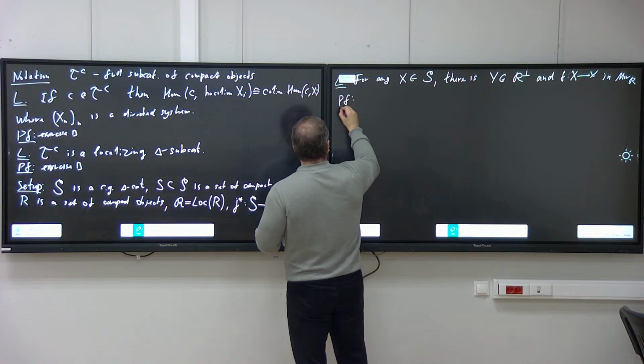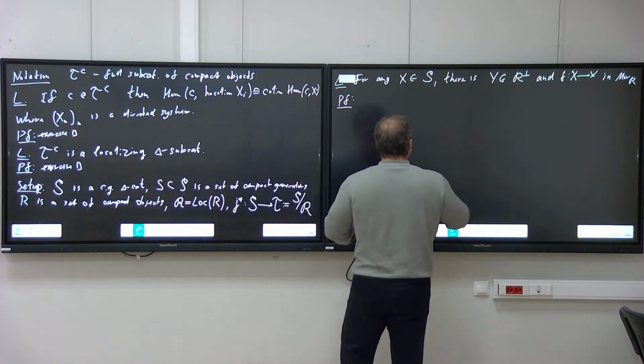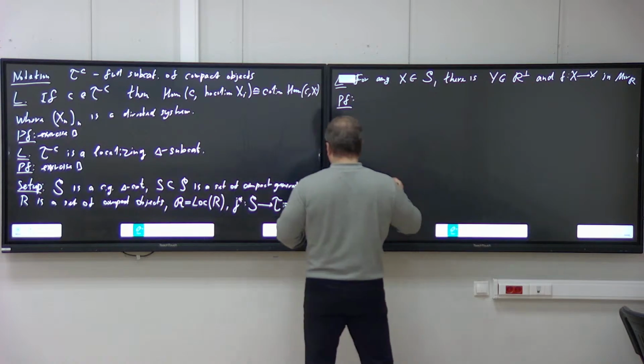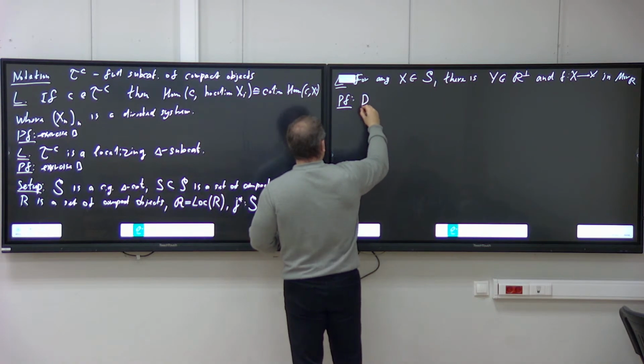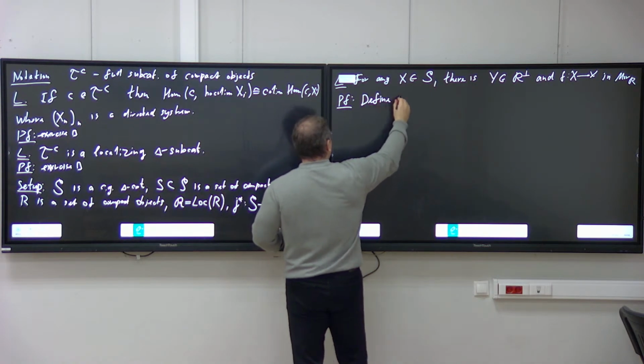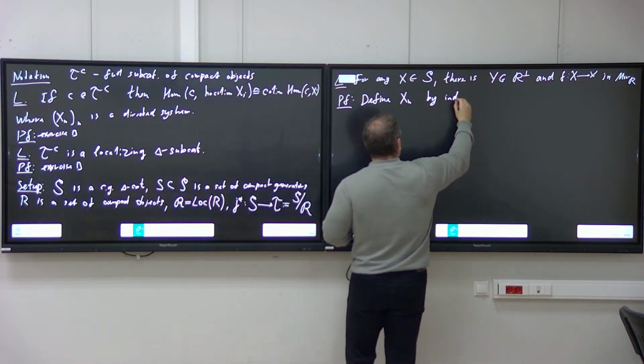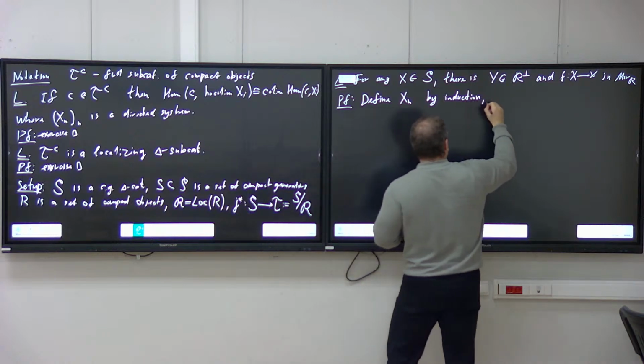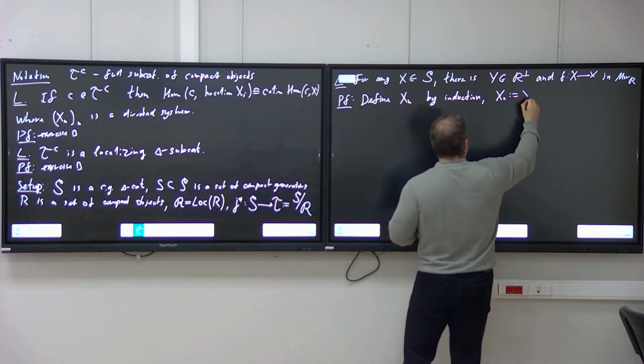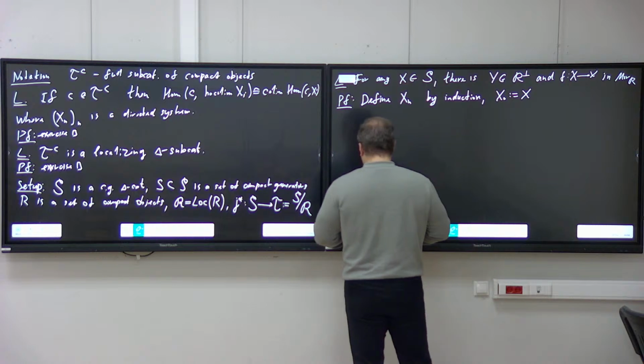Okay. So proof. So I want to define sequence of objects by induction. So we define xn by induction, and x0 is by definition just x.